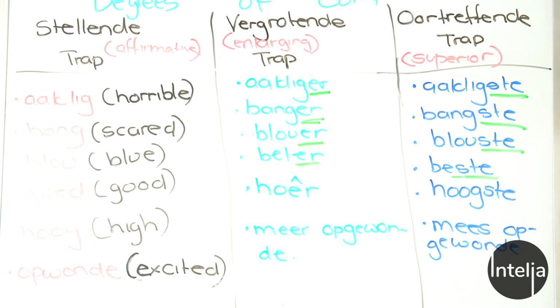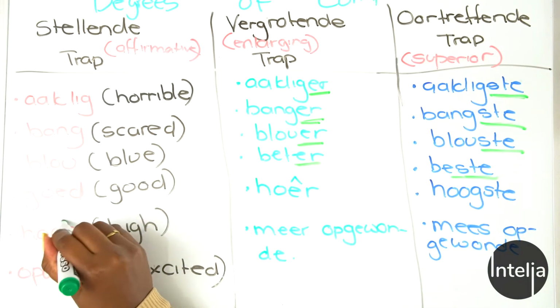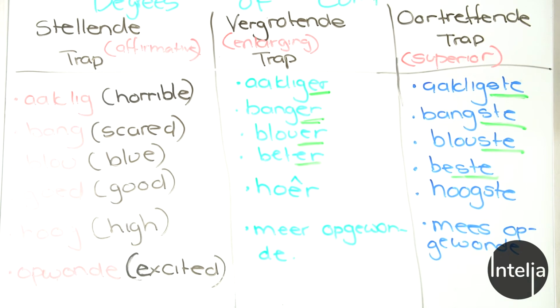Next we have hoog, which means high. In any rule or figure of speech, if we are adding onto a word that has twin vowels, that has two vowels, the spelling is bound to change because it doesn't sound right, or it's not grammatically correct in Afrikaans. So we have hoog, spelled H-O-O-G.